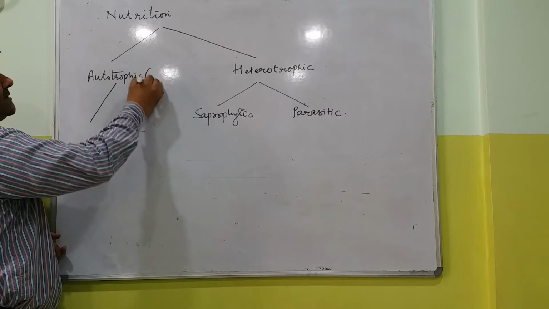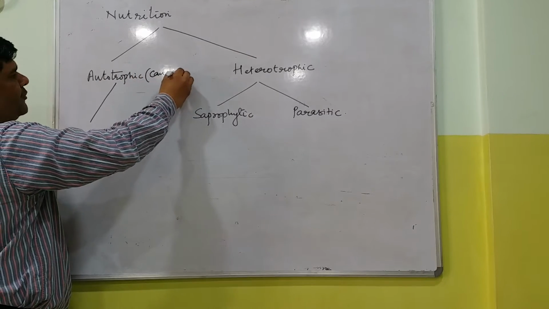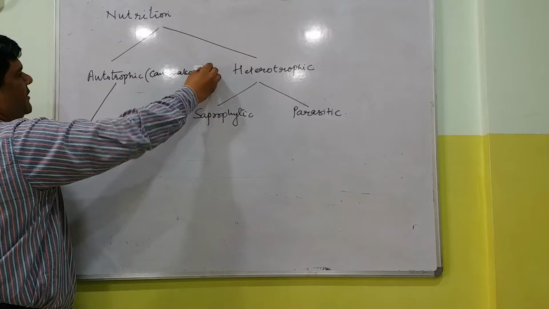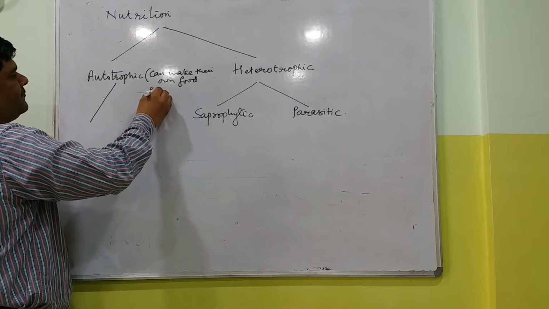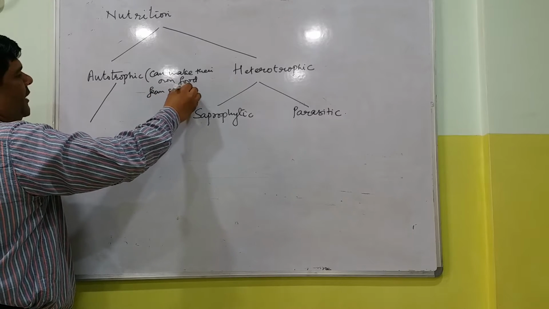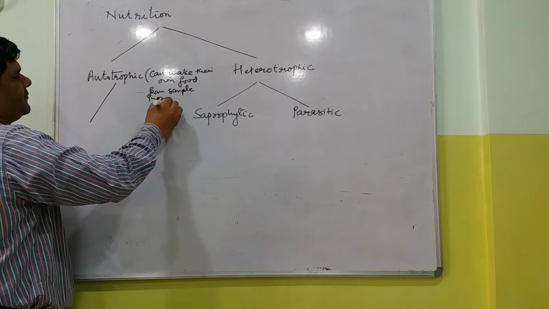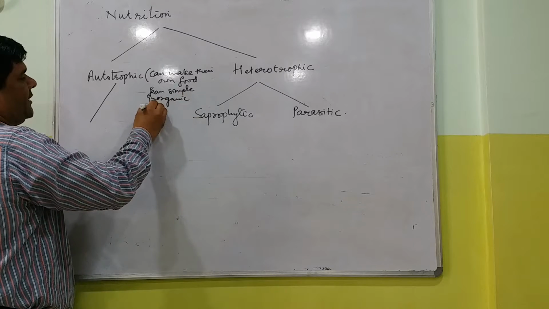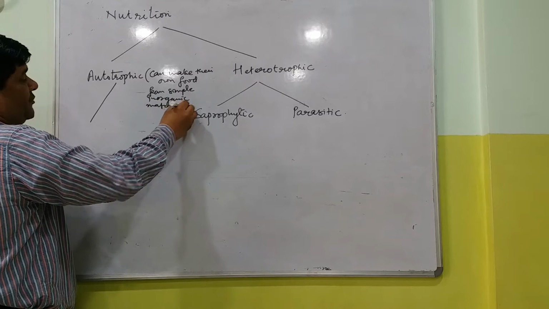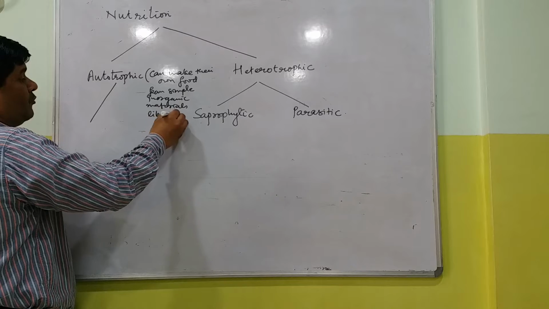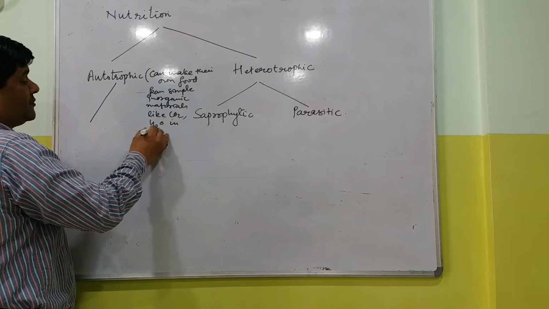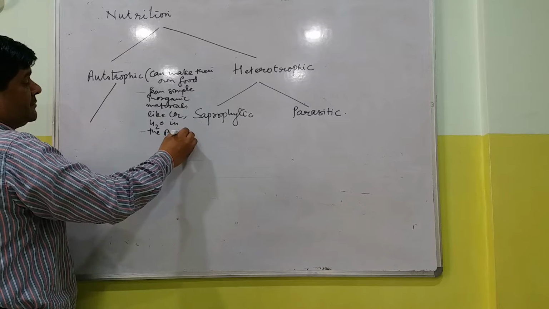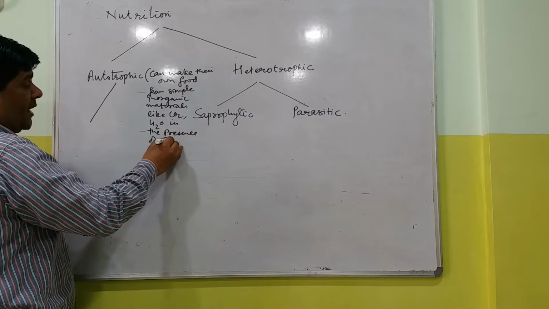Here the organism can make its own food from simple inorganic materials like CO2 and water, in the presence of sunlight and chlorophyll.